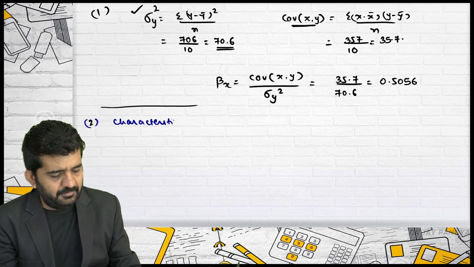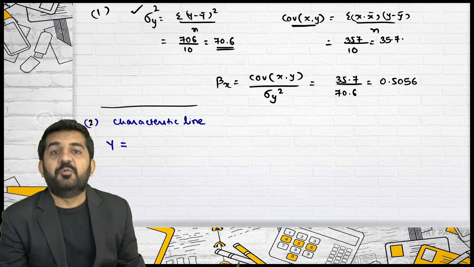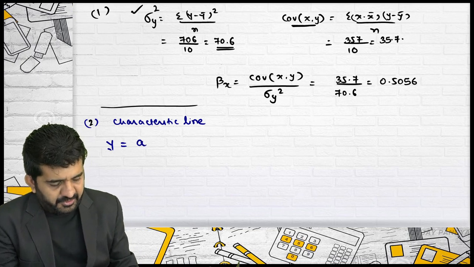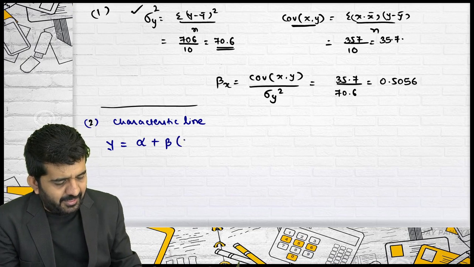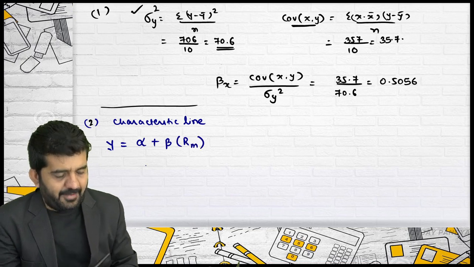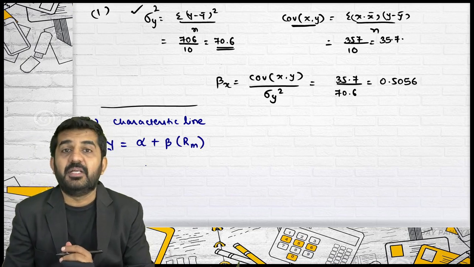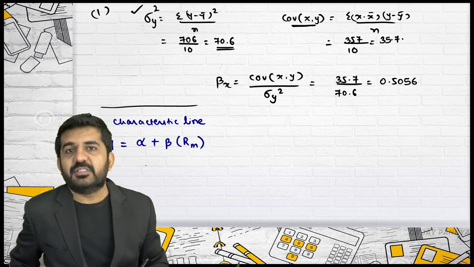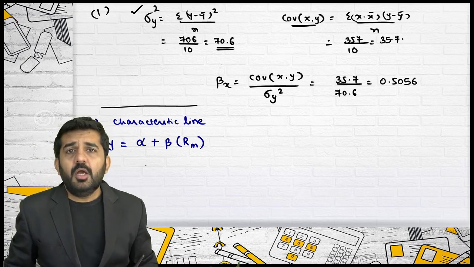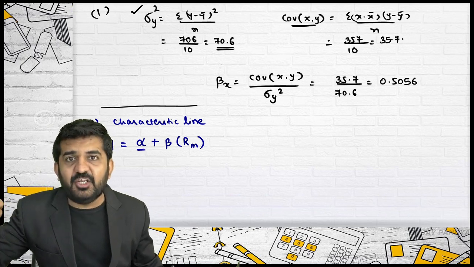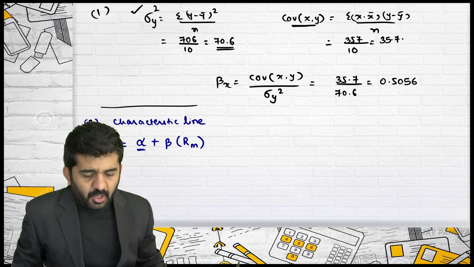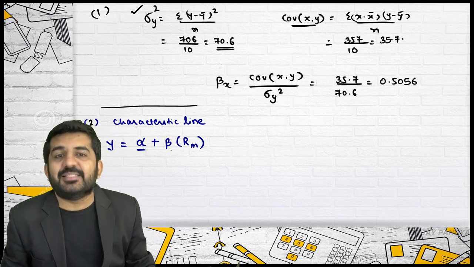The characteristic line is Y, which is nothing but the expected rate of return, equal to alpha plus beta into RM. Beta into RM. Is it alright? I will need alpha because it is the origin. I need to find out alpha. Is it alright? How to find out alpha is by the same line.